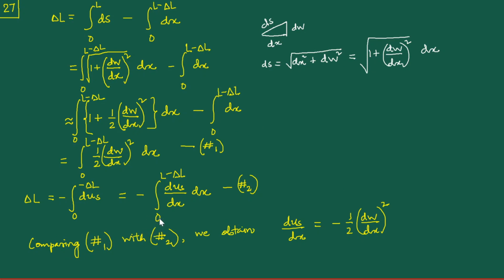You have this dus dx, all that is fine. We have an integration also, but there is the limit. This limit is L minus delta L. That is not quite the same here. Of course there's a negative sign also involved, but that's not the issue here.